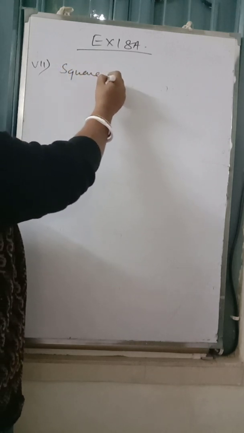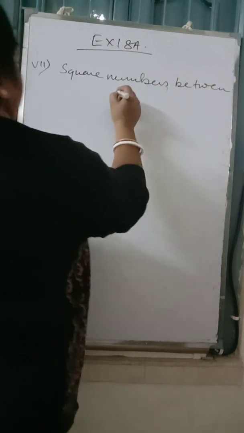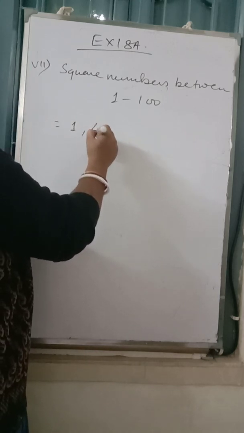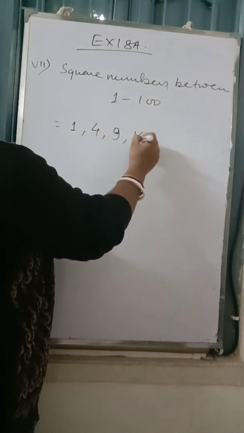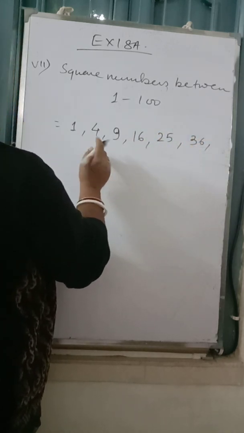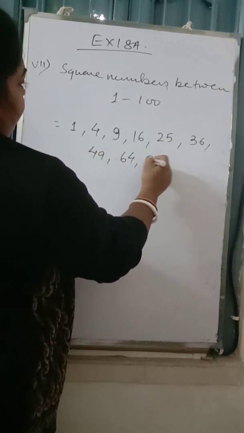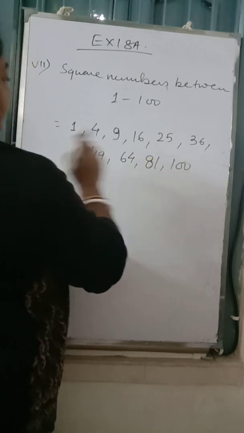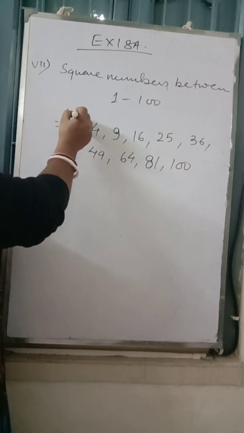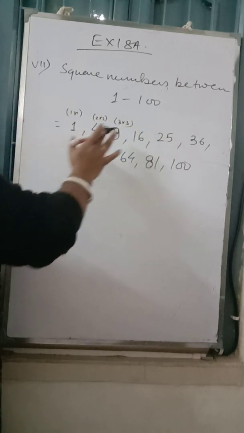So the first square number is 1 into 1, 1, 2 into 2, 4, 3 into 3, 9, 4 into 4, 16, 5 into 5, 25, 6 into 6, 36, 7 into 7, 49, 8 into 8, 64, 9 into 9, 81 and 10 into 10, 100. These are the square numbers between 1 to 100. How did we get them? A number multiplied with itself.